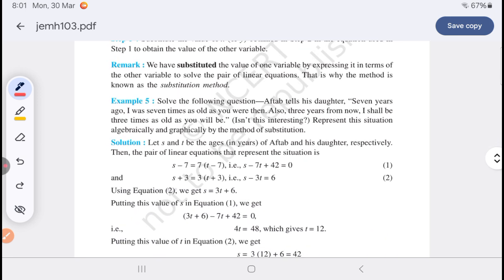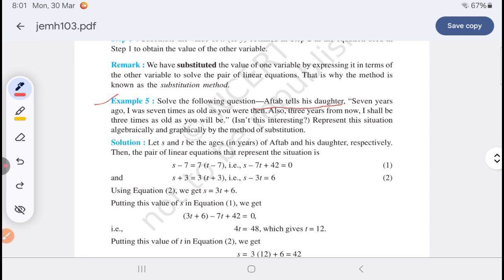Another example, Example 5. Aftab tells his daughter, 7 years ago, I was 7 times as old as you were then.